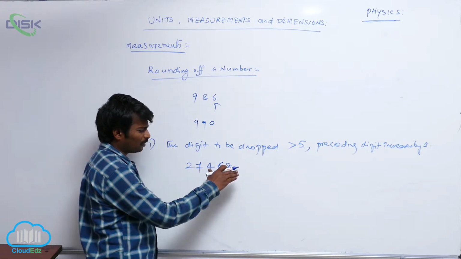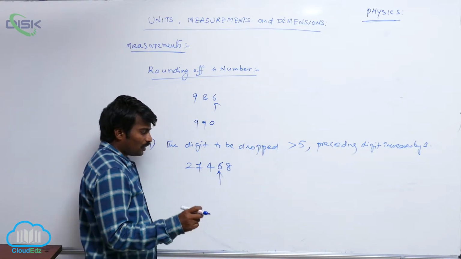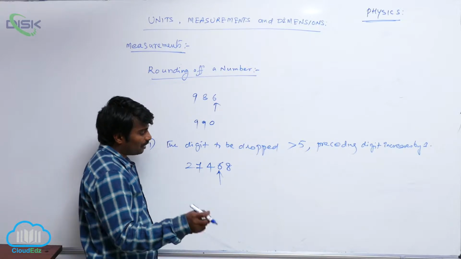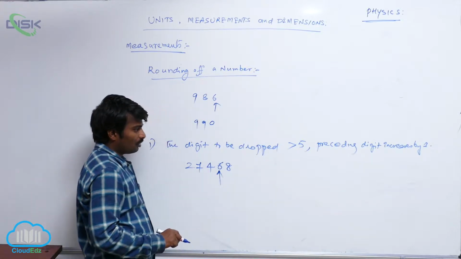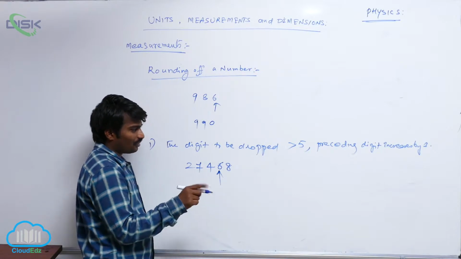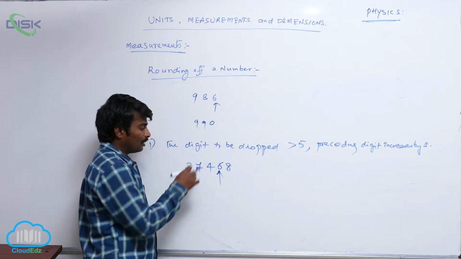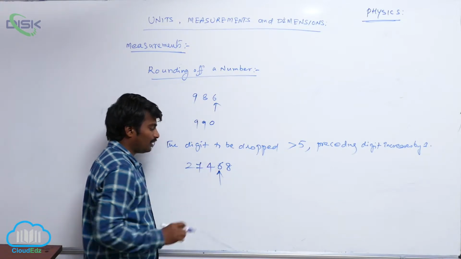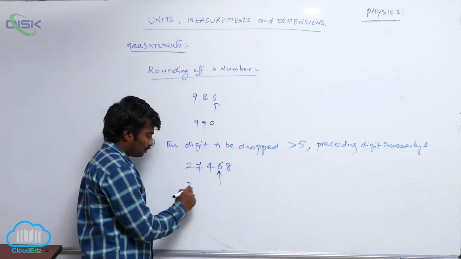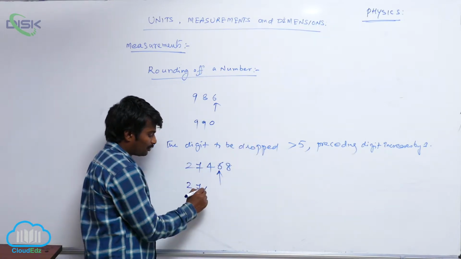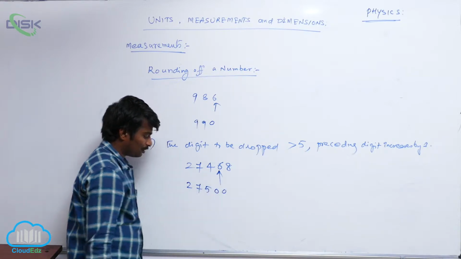I am not talking about 8, you forget about that. Which digit you want to drop, you only concentrate on that. So the digit to be dropped is 6. Whether that is greater than 5 or less than 5, you think. Here 6 is greater than 5. Then the preceding digit will be increased by 1. That is, 2 7 4 becomes 275, and here you have to write 0 0.